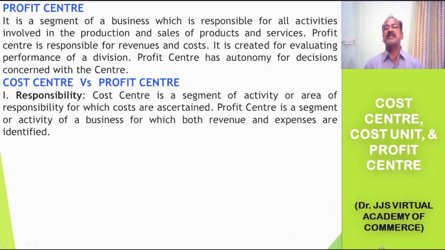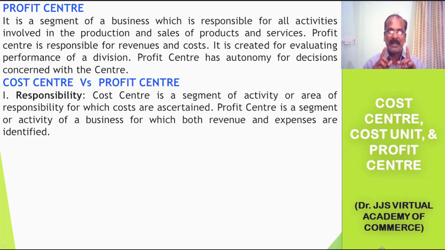The first basis of difference is responsibility. A cost center is a segment of activity or an area of activity or a person or a process or a combination of all this for which costs are ascertained. But what about profit centers? A profit center is a segment or activity of a business for which both revenues and expenses are ascertained.